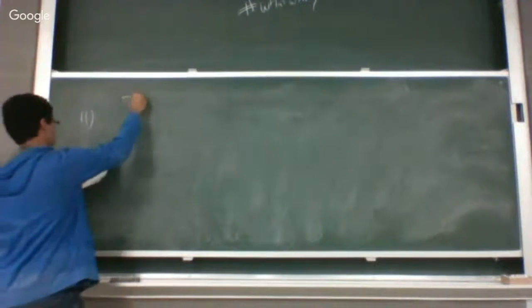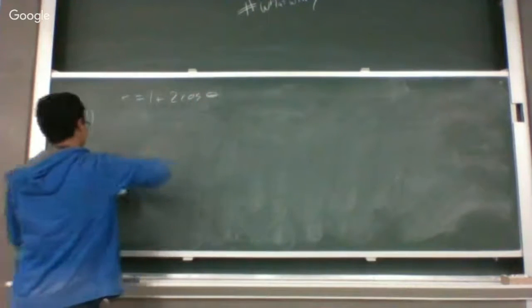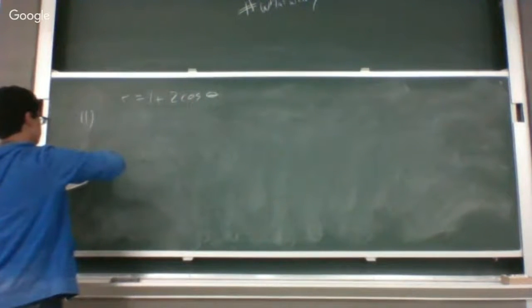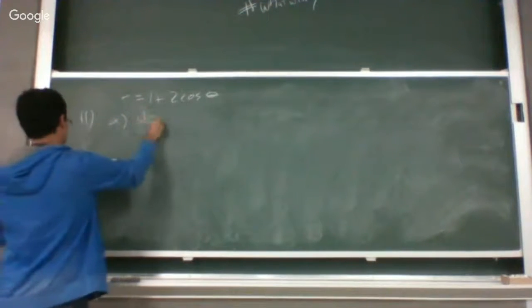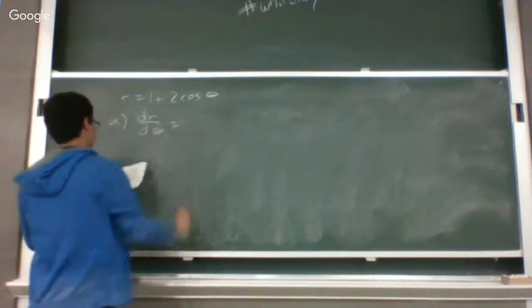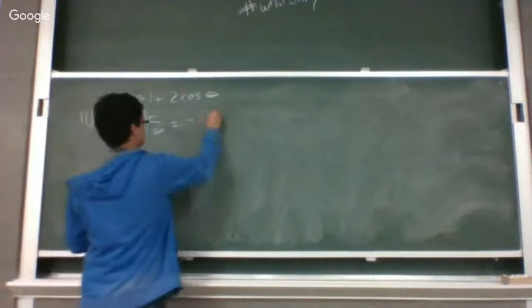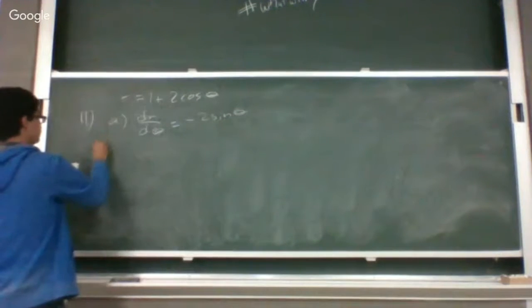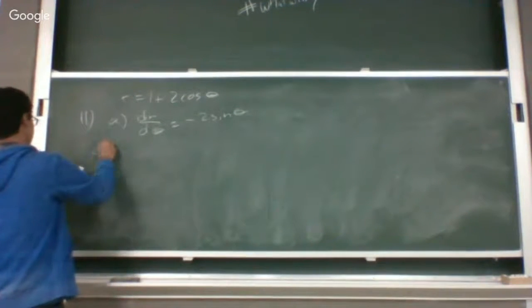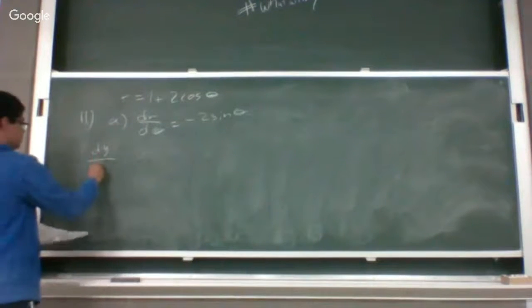Number 11. R is equal to 1 plus 2 cosine of theta again. For part A, they ask us to find dr/d theta. What would that be in this case? Negative 2 sine theta. So they tell us on page 10, we have formulas for dy/dx.